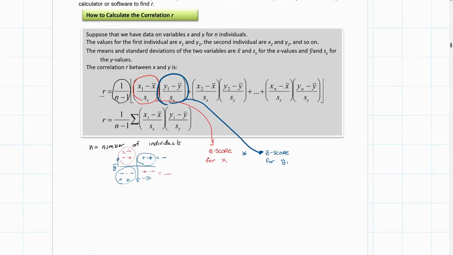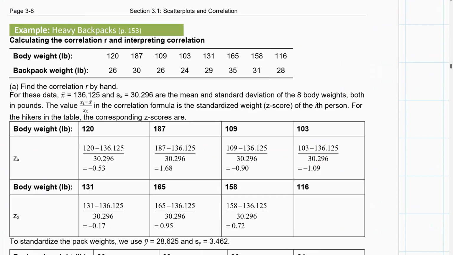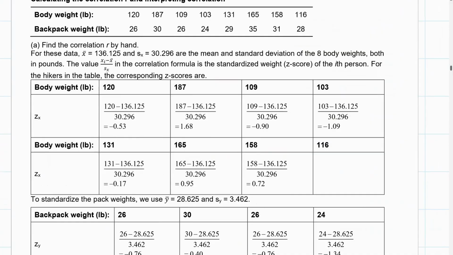Now, if we go and take the backpacking example, we can actually go through and by hand calculate the correlation value. First thing we need to do is go through this data and find the mean and find the standard deviation for the body weight and for the backpack.